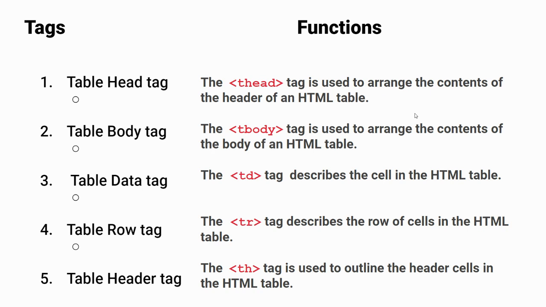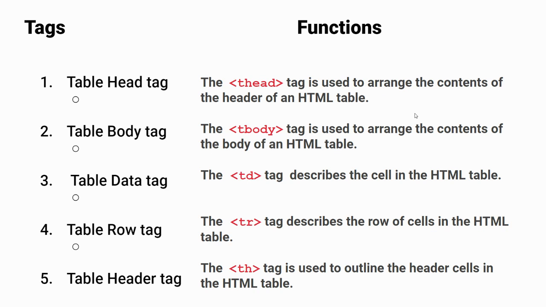So next we have the table row tag, which is connoted as TR. The TR tag describes the rows of cells in the HTML table. So, of course, at one point in time, we must have heard of rows and columns. I don't think it's a new thing.